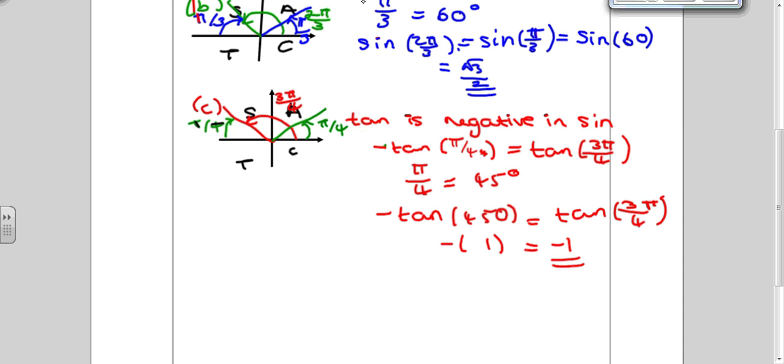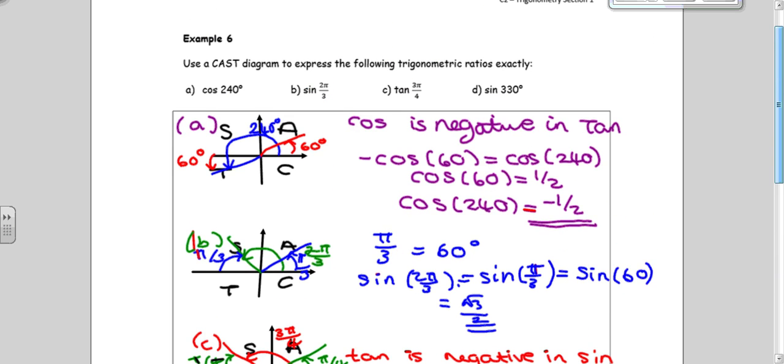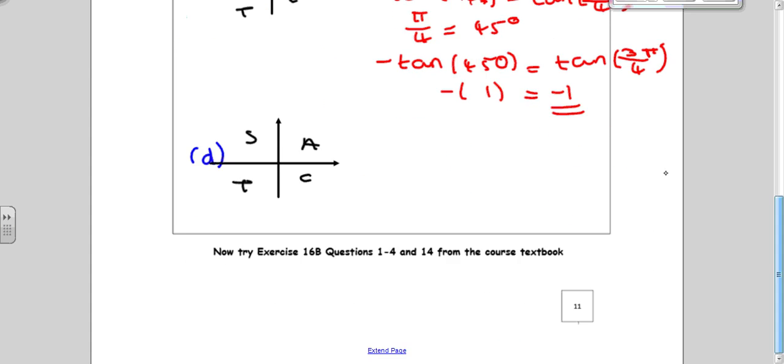So moving on to part D now. So again, I need to draw the CAST diagram. C, A, S, T. And this time we're doing sine of 330 degrees.